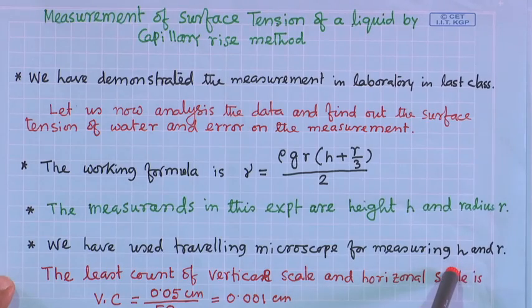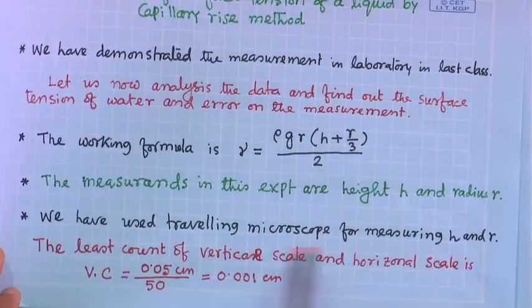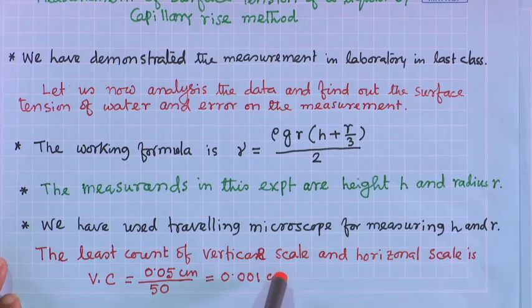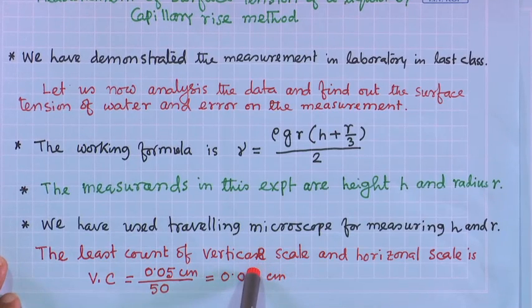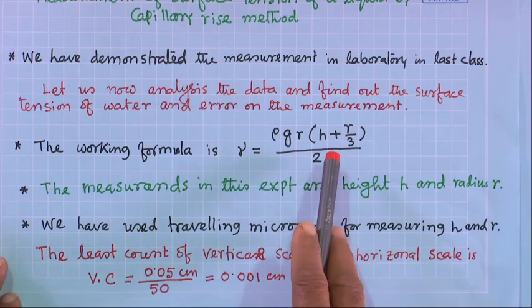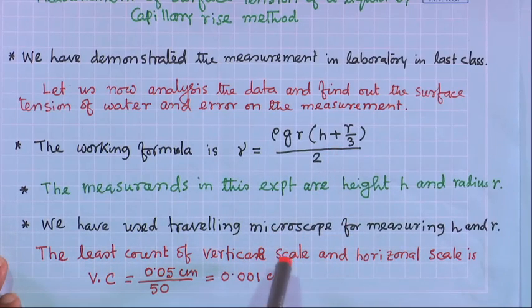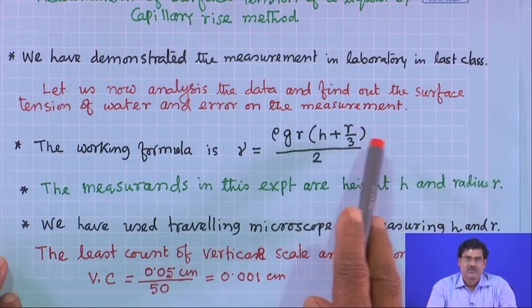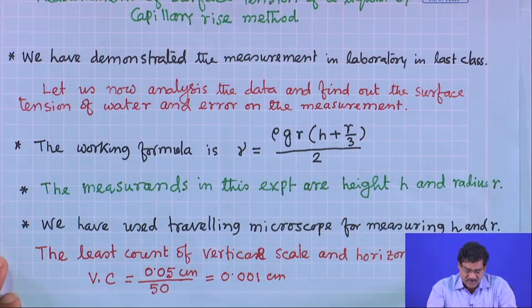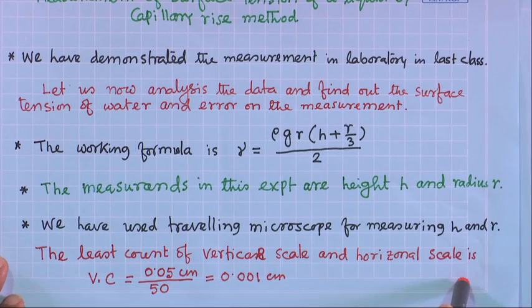In the laboratory you have seen that we used a travelling microscope for measuring h and r. It has two scales, a vertical scale and a horizontal scale. During the measurement of height we used the vertical scale, and during the measurement of r we used the horizontal scale of the microscope.